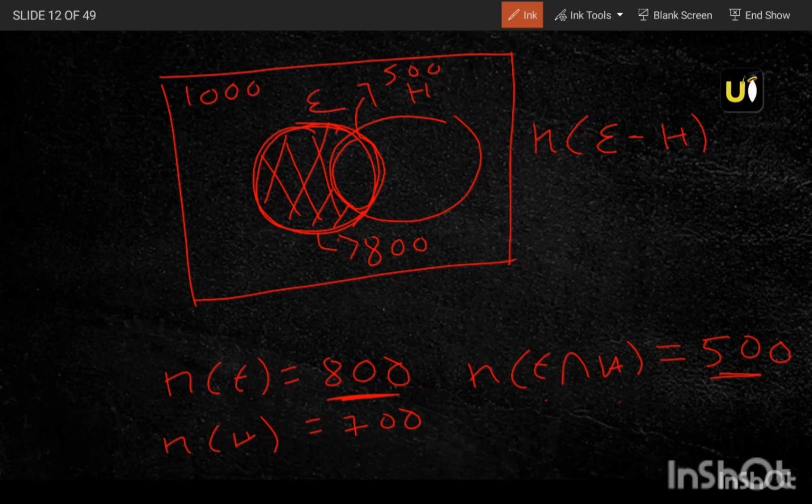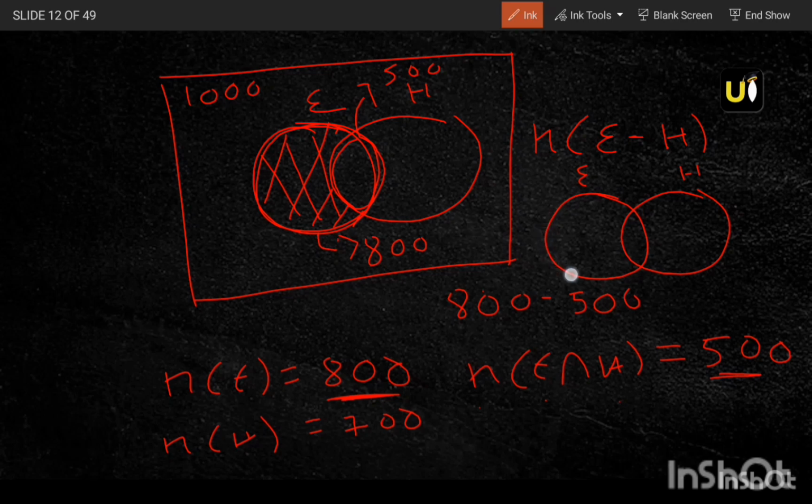That means the number of students who like only English is 800 minus 500.